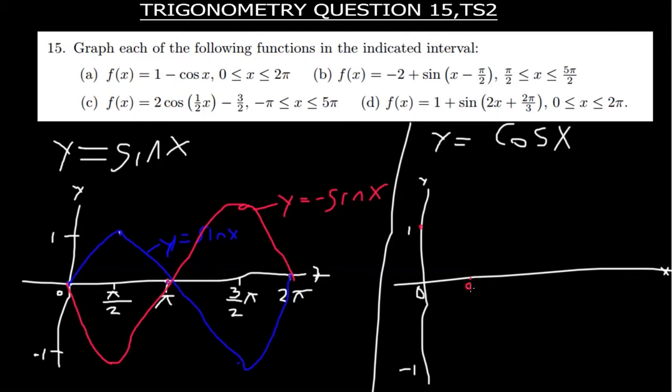Let me just use normal angles in degrees. Cos 90 or cos pi over 2, you get something like this. It will come like this.